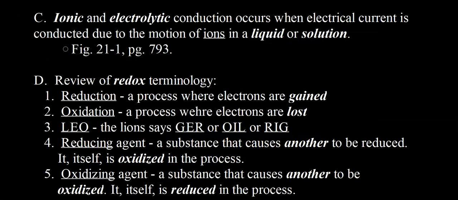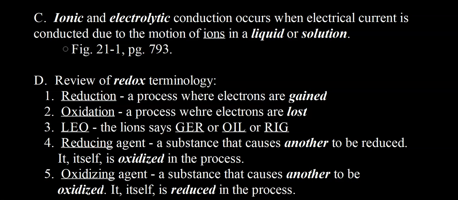Ionic and electrolytic conduction occurs when electrical current is conducted due to the motion of ions in a liquid or solution. So in a solution, we have individual ions. They're able to move around within that solution. In, say, a molten ionic compound, molten meaning melted, we also have mobile charged particles that are able to move around.